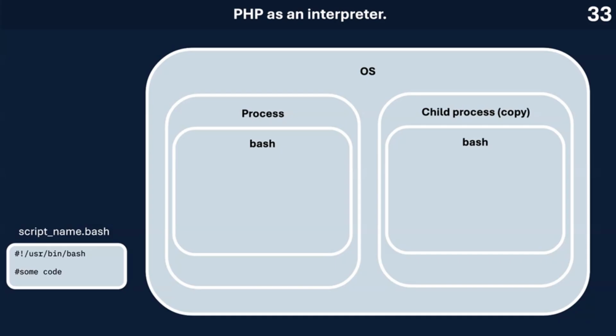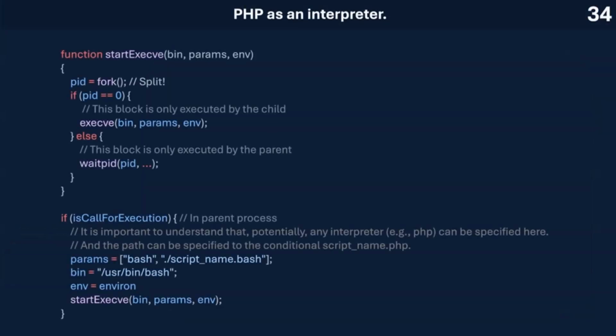The operating system then resumes execution in these two processes. In other words, the result of executing fork in the parent process is to return control to the processes simultaneously. Now they both continue to run in parallel, starting from the point where the fork function returned. In pseudocode, it looks like this. Somewhere in the parent process, a check is performed to see if the current call is an execution call.